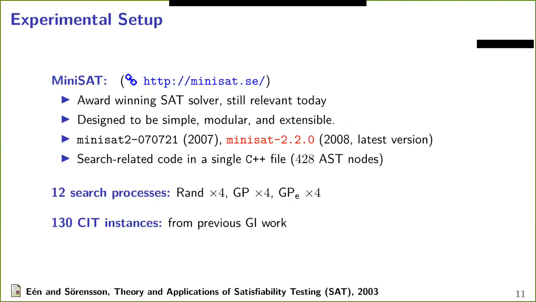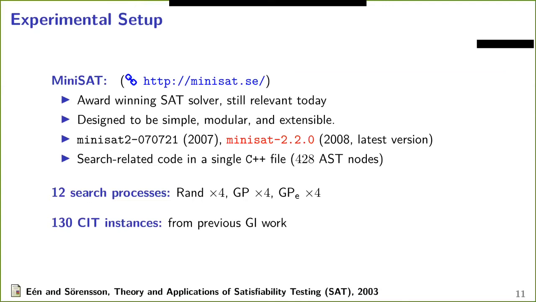So for our experimental setup, we consider Minisat, which was a No1 winning SAT solver 10 years ago, but it's still relevant today because it was designed to be extremely simple, modular, and extensible. So it's still used today to test new ideas. There are two versions of Minisat that have been used in previous work. We'll use the latest one.